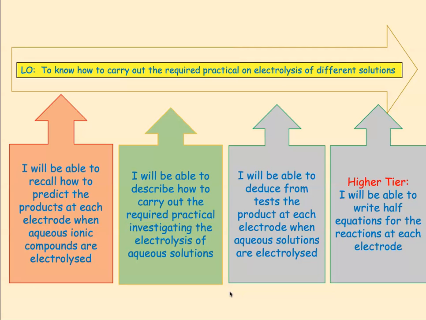I will be able to describe how to carry out the required practical of investigating the electrolysis of aqueous solutions, and I will be able to deduce from various tests the product at each electrode when the aqueous solutions are electrolyzed. And if you're doing the higher tier paper, then there's a final success criteria. We have to be able to write ionic half equations for each of the reactions at each electrode.